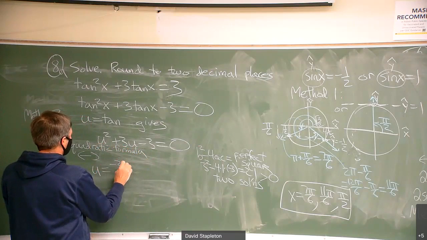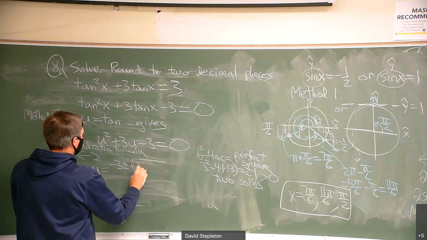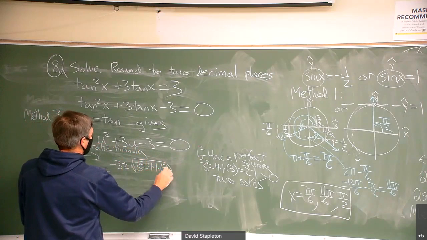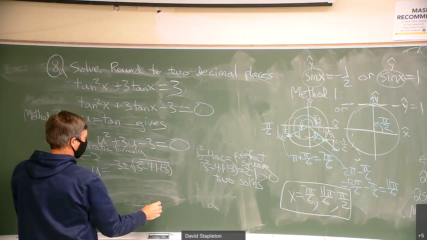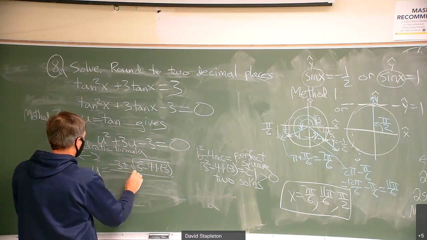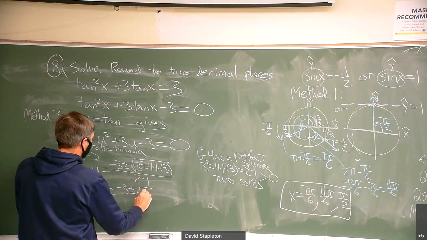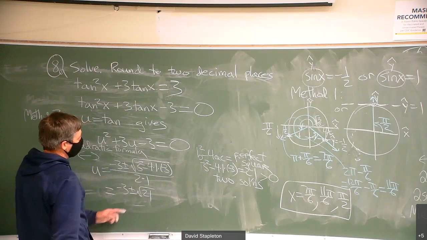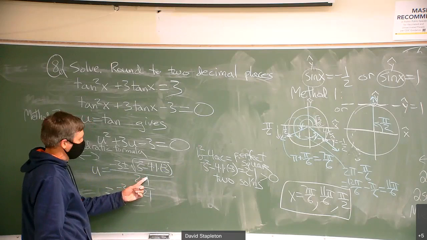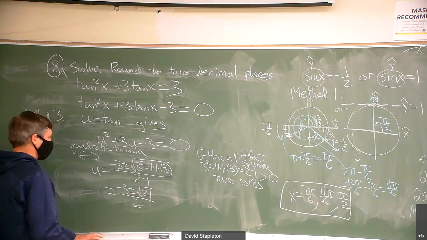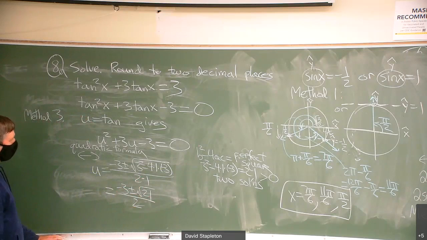Minus b plus or minus the square root of b squared minus 4 times a times c, all over 2a, is minus 3 plus or minus square root 21. See, it wasn't a waste of time calculating that. I needed it in the quadratic formula anyway, right? All over 2. There it is. If you factor, that's what would go in the blanks, right?